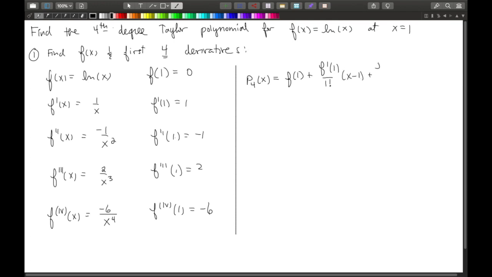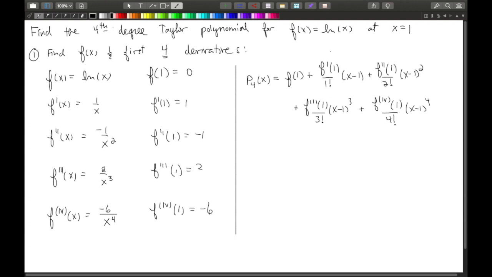Then we add on the second derivative evaluated at 1 divided by 2 factorial times x minus 1 squared. And then we keep doing two more: f triple prime at 1 all over 3 factorial times x minus 1 cubed. And finally, f quadruple prime at 1 divided by 4 factorial times x minus 1 to the 4. That's the fourth degree Taylor polynomial, in general, of any function f.